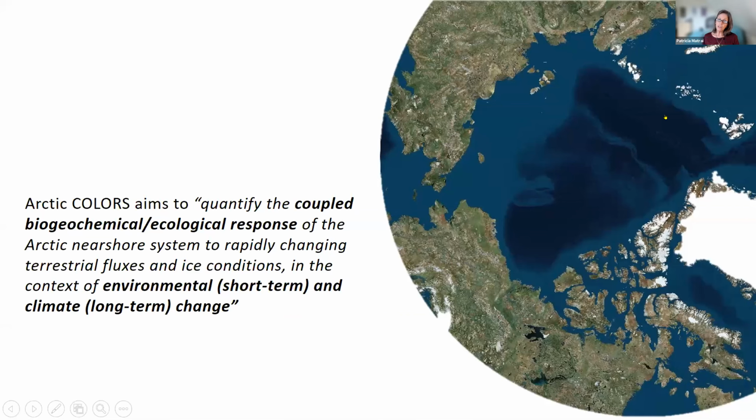So Arctic Colors as a project aims to quantify the coupled biogeochemical ecological response of the Arctic nearshore system, and that's a very important word, to rapidly changing terrestrial fluxes on one side, ice conditions on the other side, and across, in the context of both short-term and long-term change.